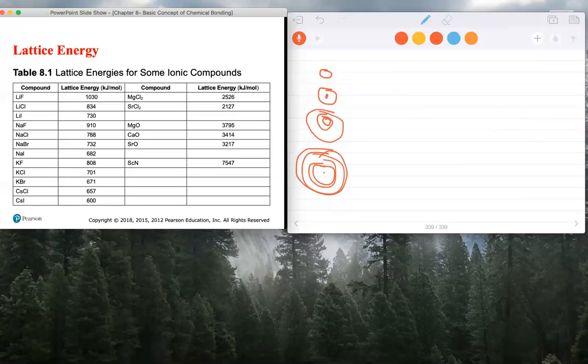As you go across, it gets smaller and smaller. That is the trend in atomic radius. You need this understanding to understand the trend in lattice energy.